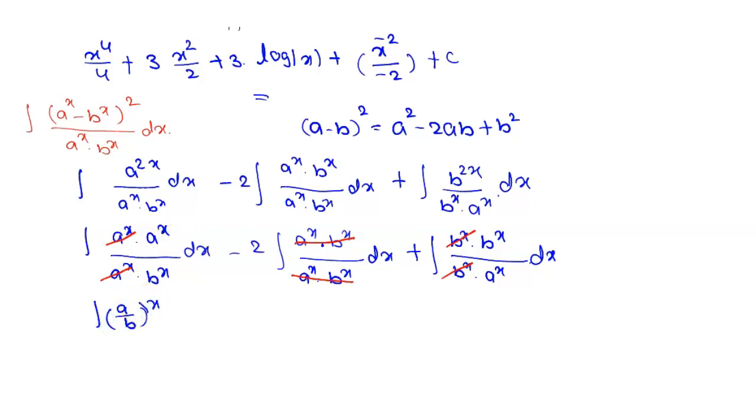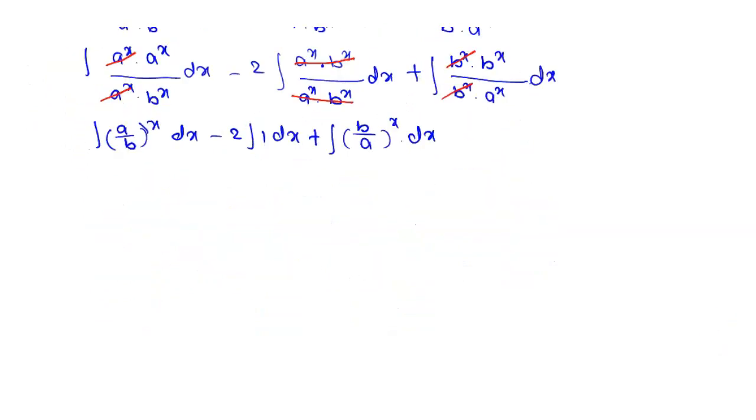This is a power x by b power x, which I am writing as (a by b) whole power x dx, minus 2 integral 1 dx, plus integral, same thing here, I am writing it as (b by a) whole power x dx.